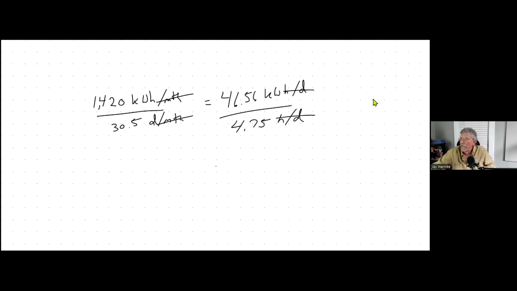And now I'm going to take 46.56 divided by 4.75, and we get 9.8 kW. So if our solar array were 100% efficient, we would need a 9.8 kW array.